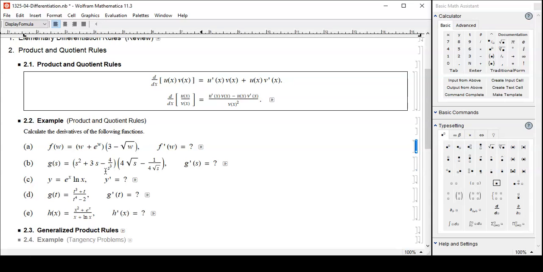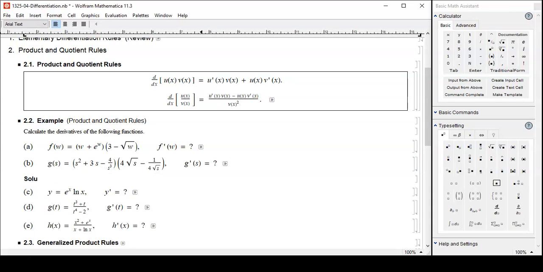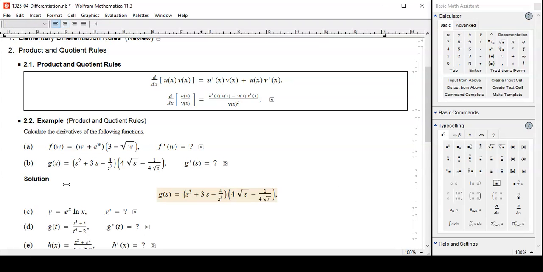Now the next problem here. How to do this? Well, before anything, my first suggestion is to use power form conversion because it's difficult to calculate any derivative like this.